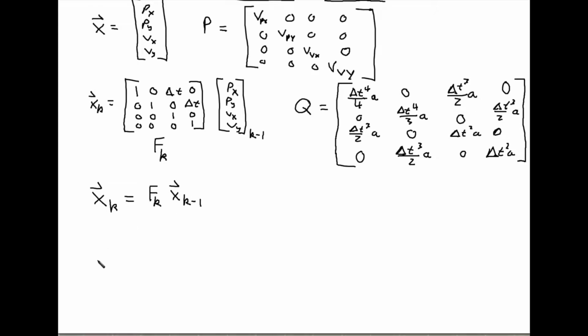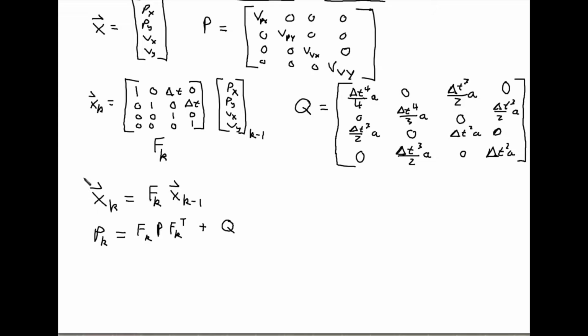It's pretty simple. And then our covariance matrix at time k is going to be equal to F k times P times F transpose, and then plus that process noise.